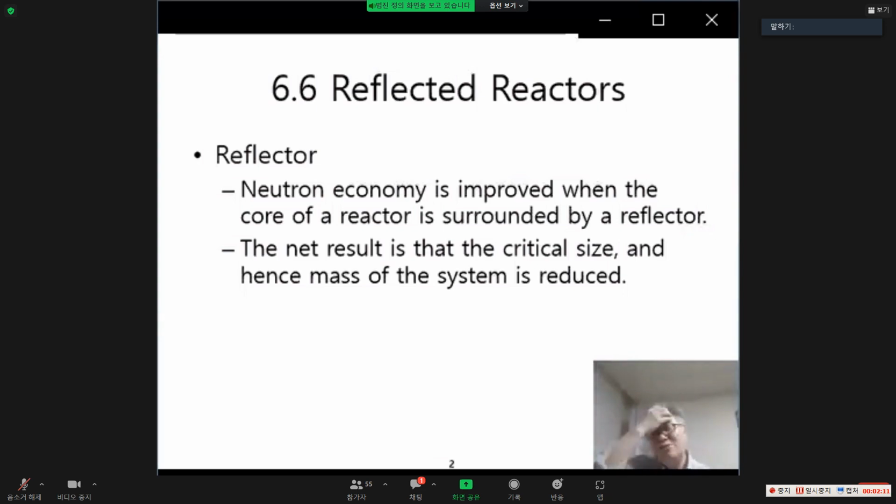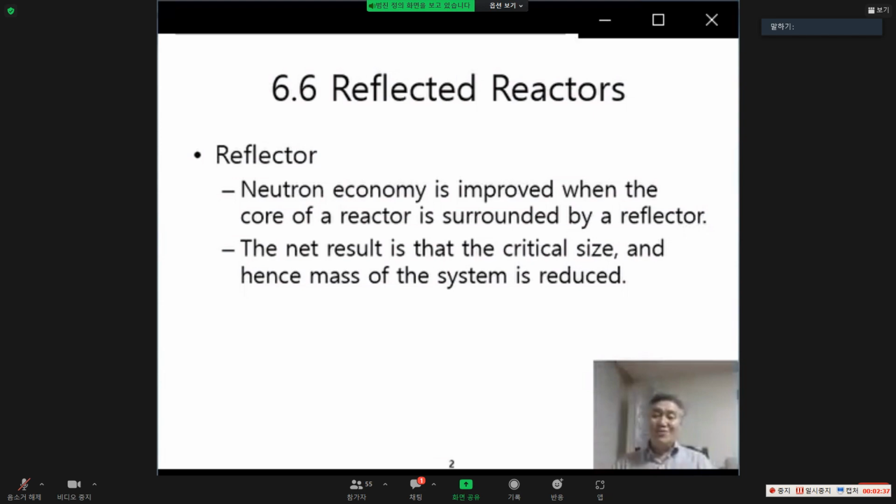So when we have a reflector, the neutron leakage is reduced. That means we can use more neutrons for fission because the leakage is reduced.